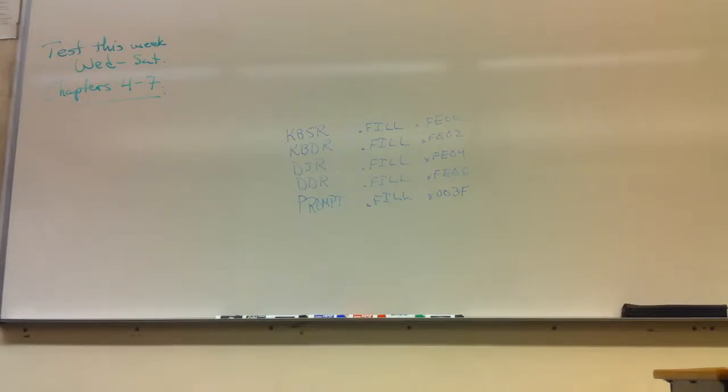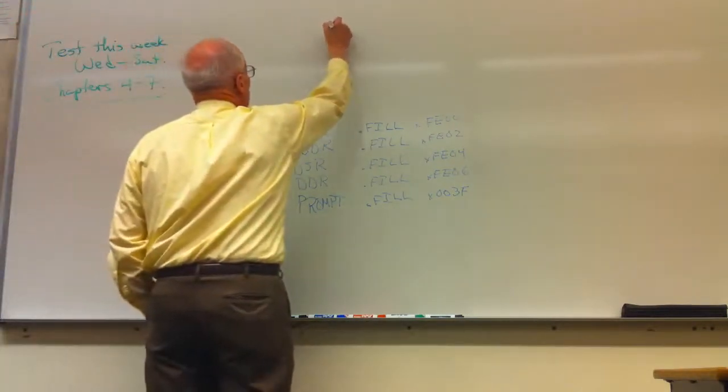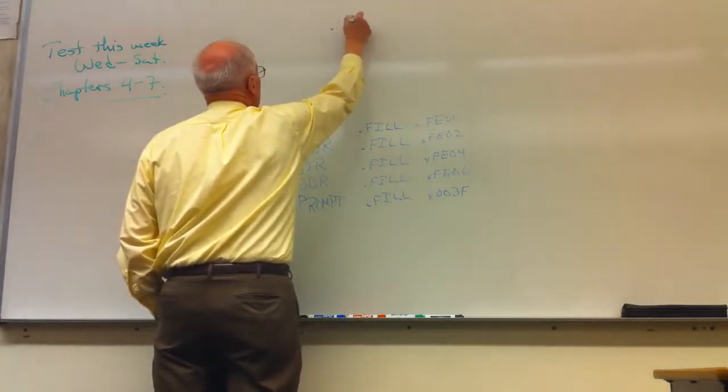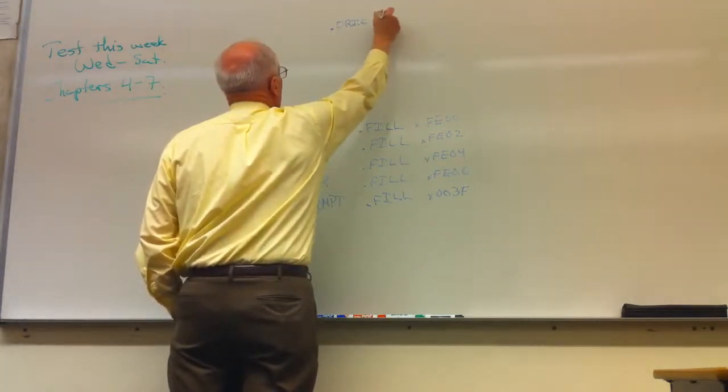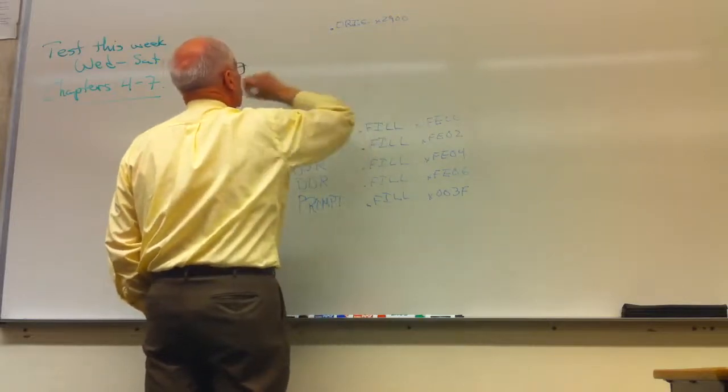Now, I'm going to write a routine that will do nothing more than just print this value out, this question mark. So here we go. Okay, we'll start at a different place.